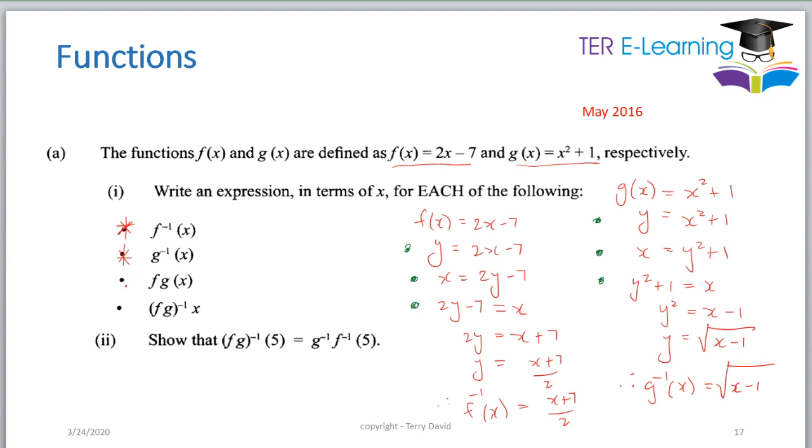Now the next part of the question, they want f of g. Let's copy this so I won't forget.